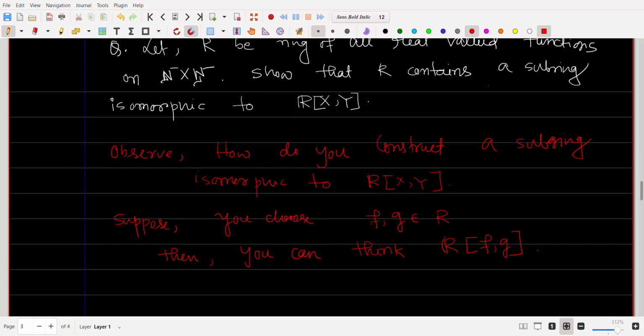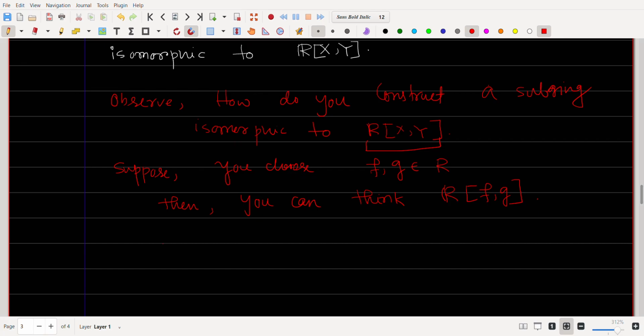But the only problem is that, see, if you take this, here x and y are indeterminates. That means there is no relation between x and y. There is no algebraic relation between x and y.